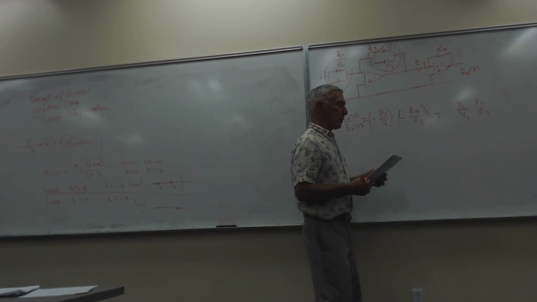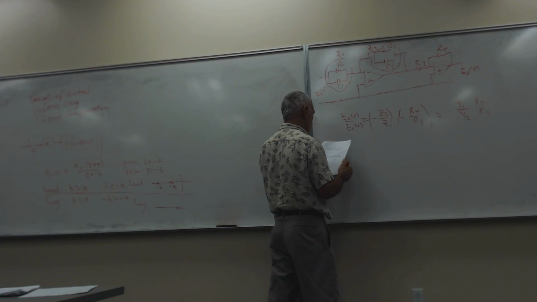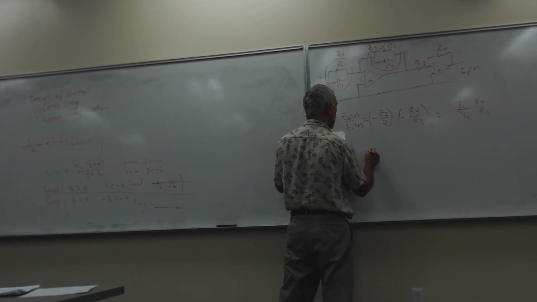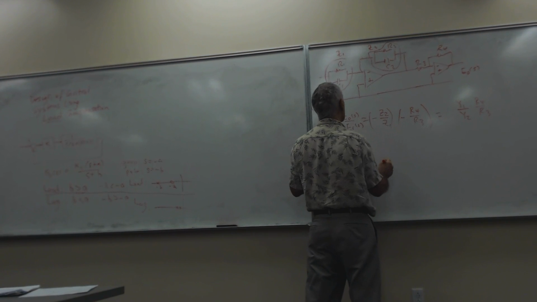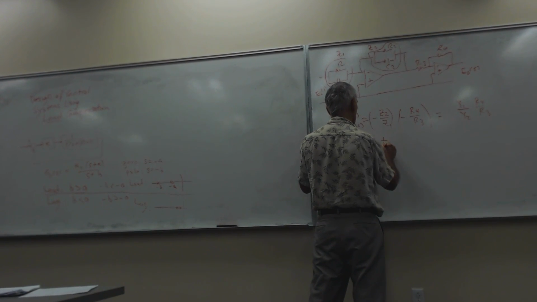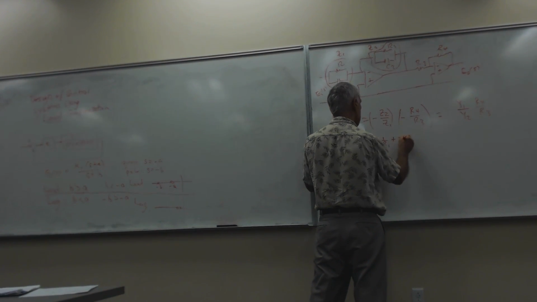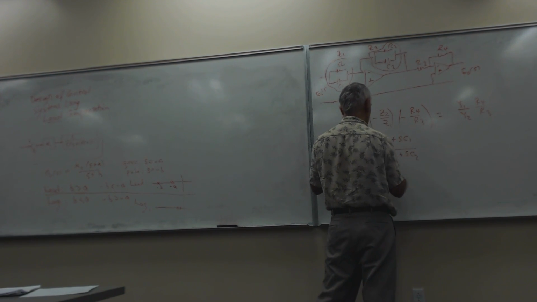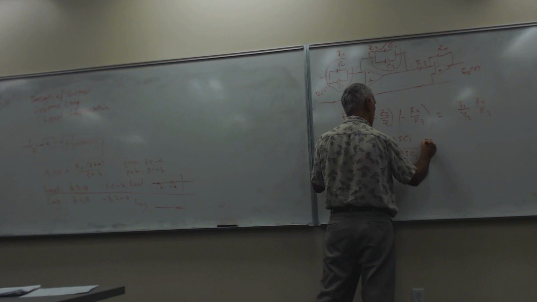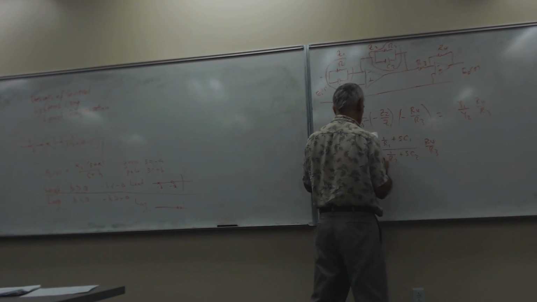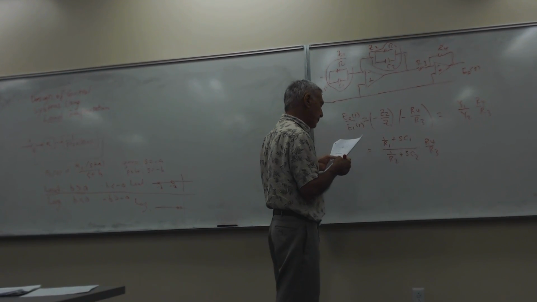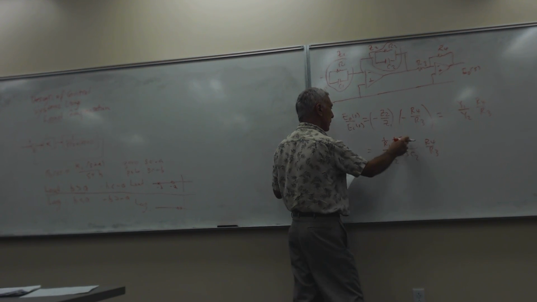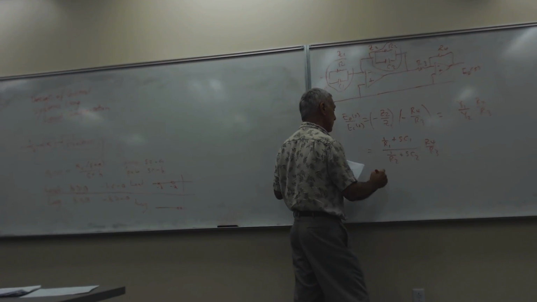Y1 is a reciprocal of Z1, and so in this particular case, the Y1 is 1 over R1 plus SC1, and so we have that over 1 over R2 plus SC2, and then this is times R4 over R3, okay, and so you can factor out a C1 in the numerator and a C2 in the denominator.